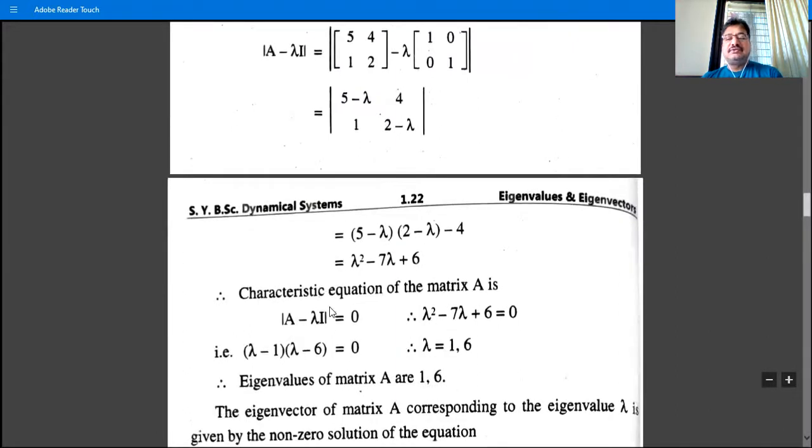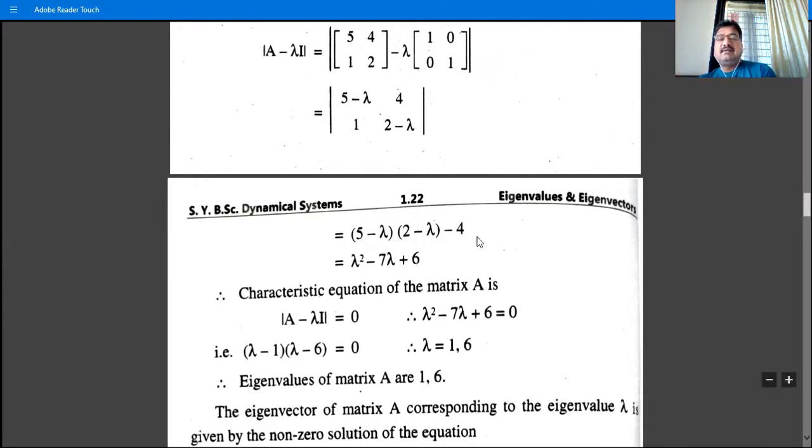But there is no need to change the sign, because the characteristic equation of the matrix A is the determinant of A minus lambda I equal to 0, or the determinant of lambda I minus A equal to 0. Actually, the multiplication of these two is 10 minus 7 lambda plus lambda square.